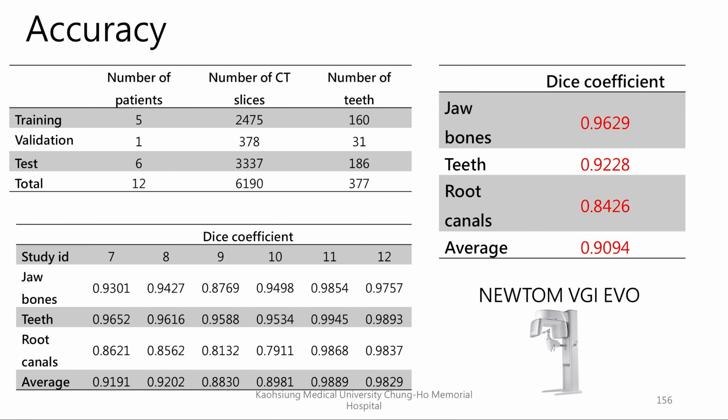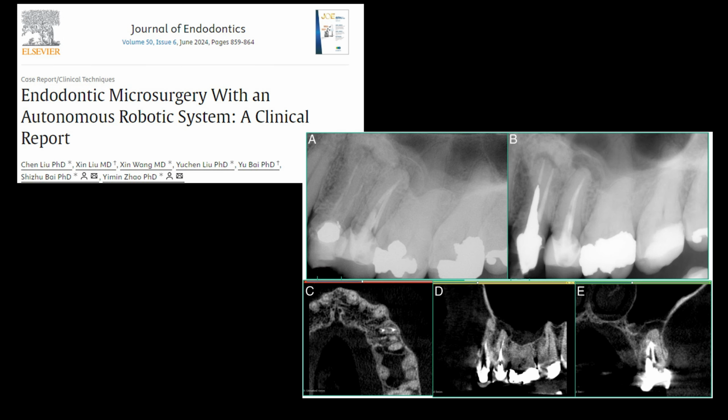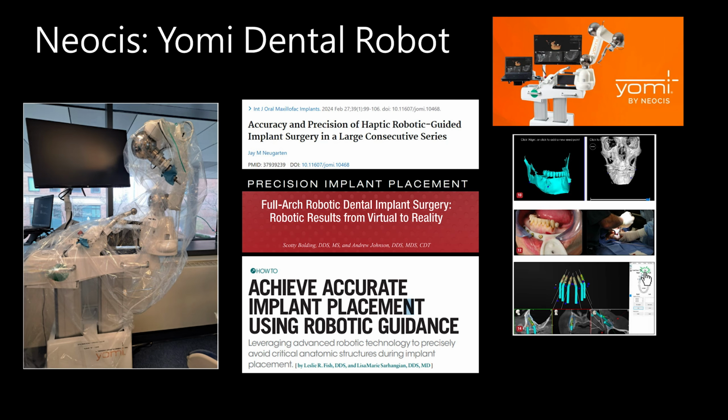This average is 90%. So of course, we encountered some robotic surgery. And I personally think robotic surgery is almost the same as the navigation system, just with a robotic arm added. This is the paper from BU, Boston University.